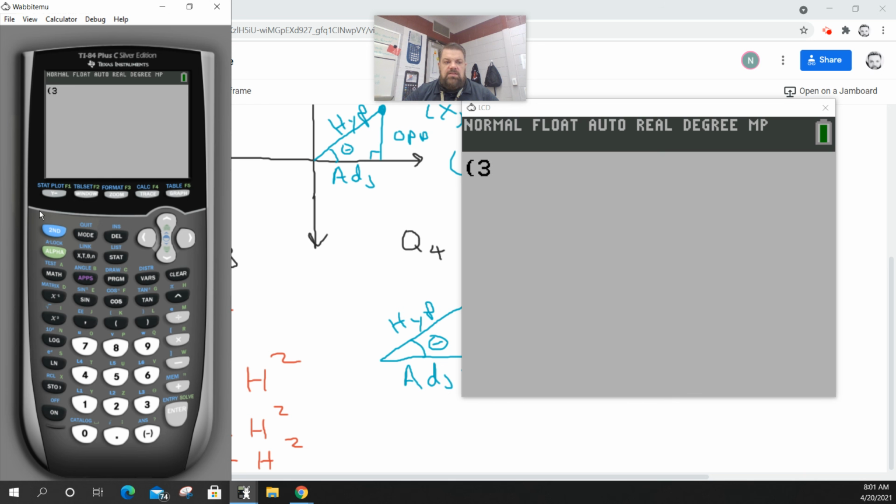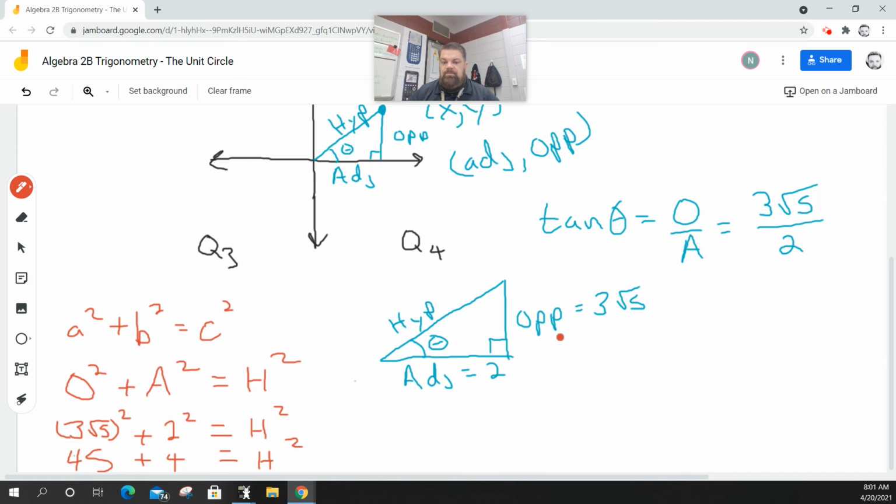If I say 3 times the square root of 5, and then I close the parentheses, and then I square that, I should get 45. So 3 times 3 is 9, and then when you square a square root, you're just left with the base, which is 5. 9 times 5 is 45. So I just wanted to verify that.